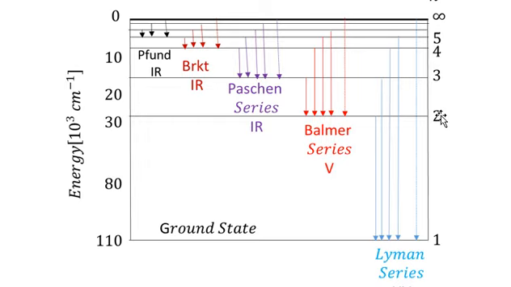When n is equal to 1 over here and n is equal to 2 over here, in the Lyman series you will see that the gap between these two consecutive levels is much greater. But the separation between levels 2 and 3 is relatively shorter, and the difference between 3 and 4 is even shorter, and so on.